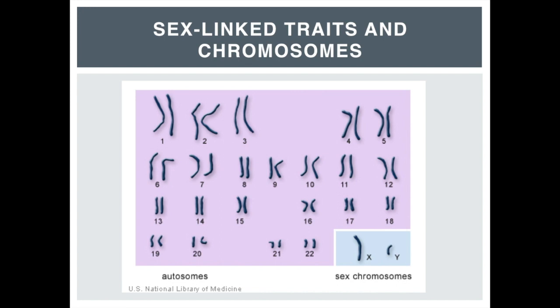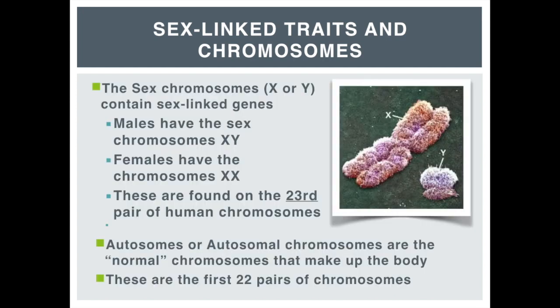Here we have our karyotype, and you can see with the sex-linked, we're dealing with the sex chromosomes. Don't forget that. Okay, now let's talk about sex chromosomes or the sex-linked traits. Remember, these are only dealing with the X and Y or the X and X. The sex chromosomes, as we talked about before, can make a male, which is XY, and a female, which is XX.